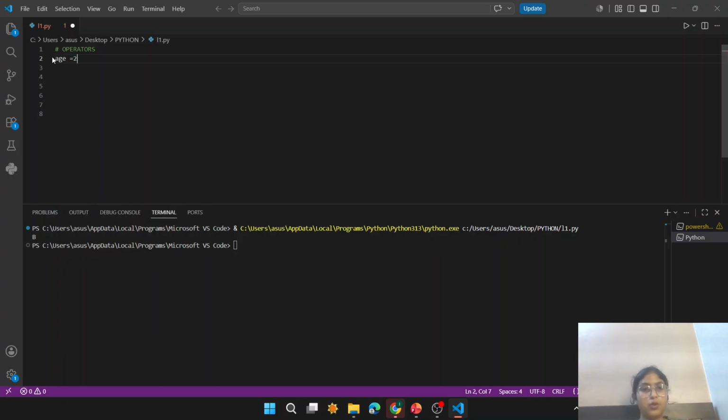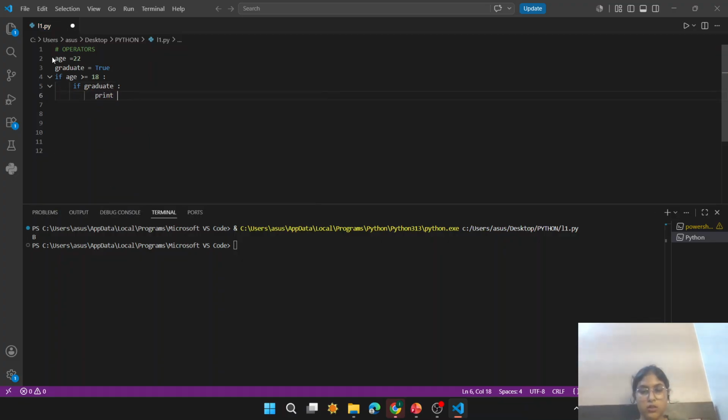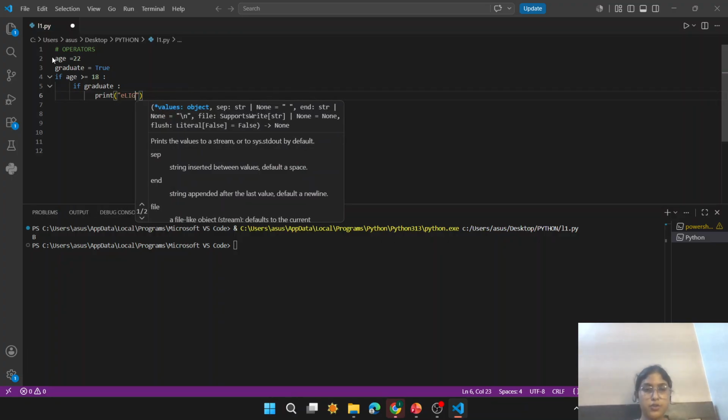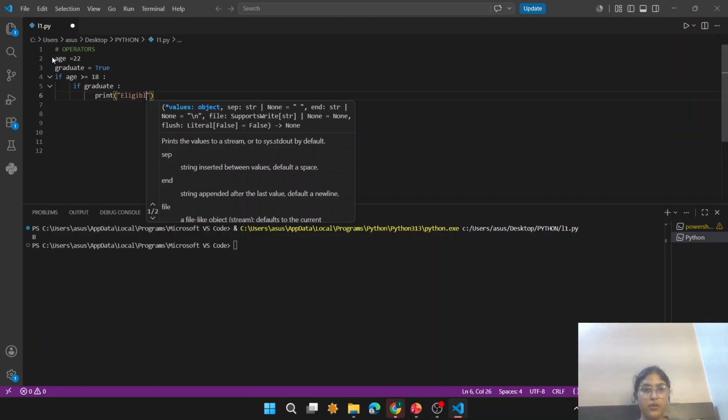Like age equals 22, graduate equals True. If age is greater than or equal to 18: if graduate: print eligible.